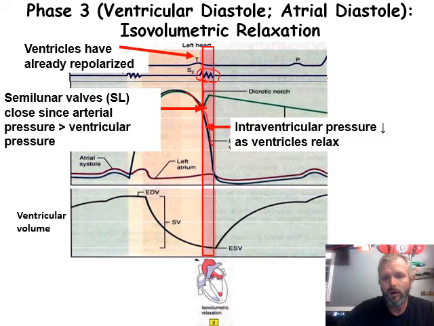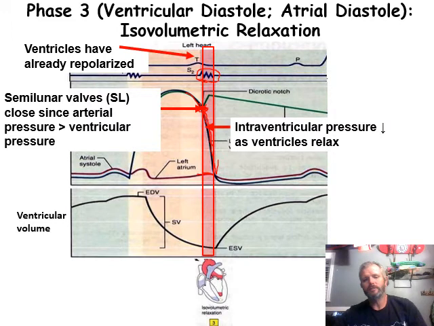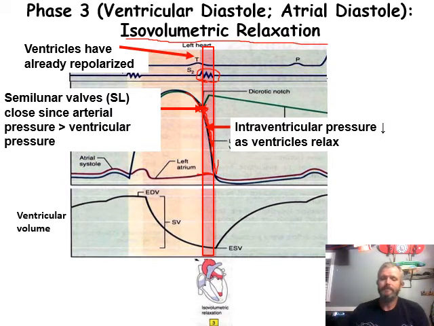Okay, so all through this phase, the semilunar valves snap shut, and the AVs are still shut because the ventricular pressure is greater than our atrial pressure. And so during this isovolumic relaxation phase, no volumes are changing, so both valves are shut.